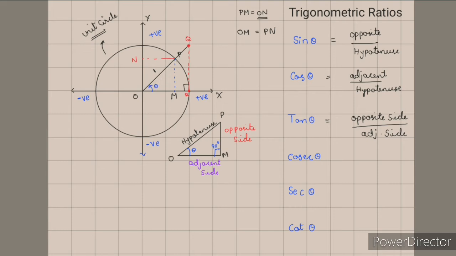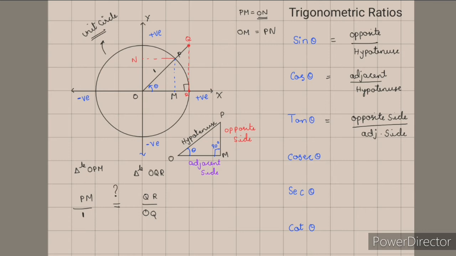Opposite side, which is PM, by hypotenuse, which is 1. Similarly, in triangle OQR, which is also a right angle triangle, what is sin theta? Opposite side QR by hypotenuse OQ. So we got two different expressions for sin theta. Will they be equal or not? Yes, of course they will be equal.